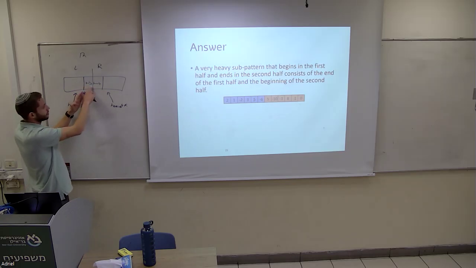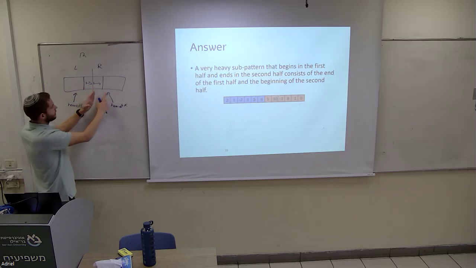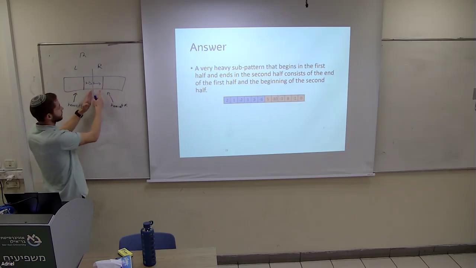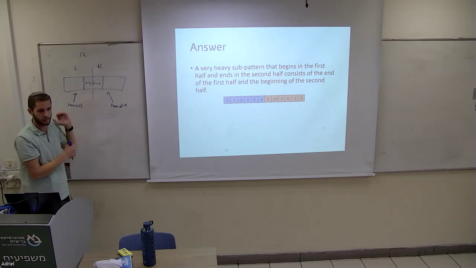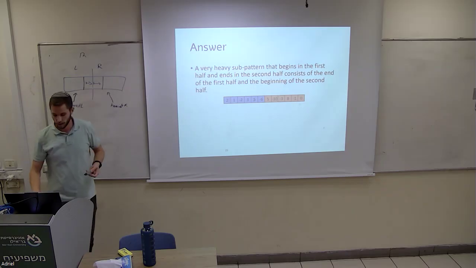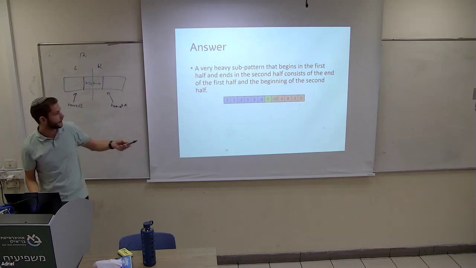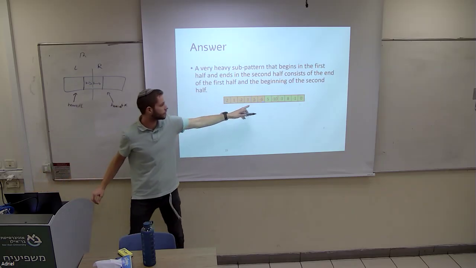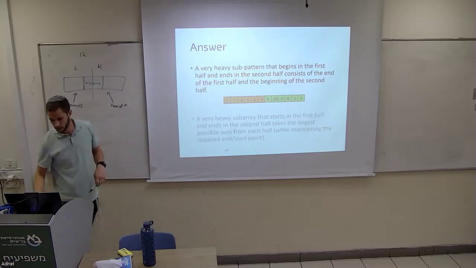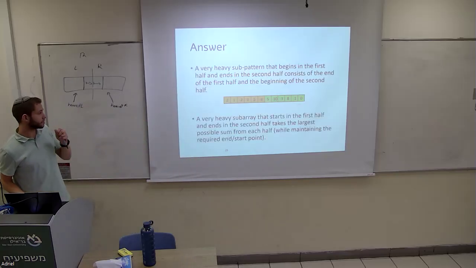We can start whenever we want, but we have to go until the end. And here we can go until wherever we want, but it has to start from the middle, from the beginning of the second subarray. So it has to start from the middle there, but it also has to end in the middle on this half. That's why that animation is really confusing.